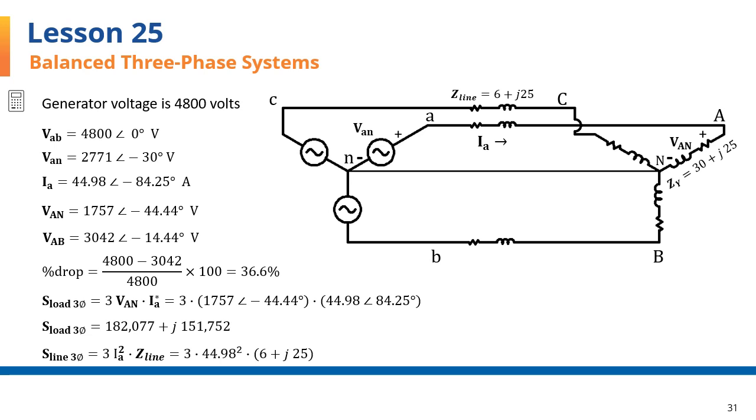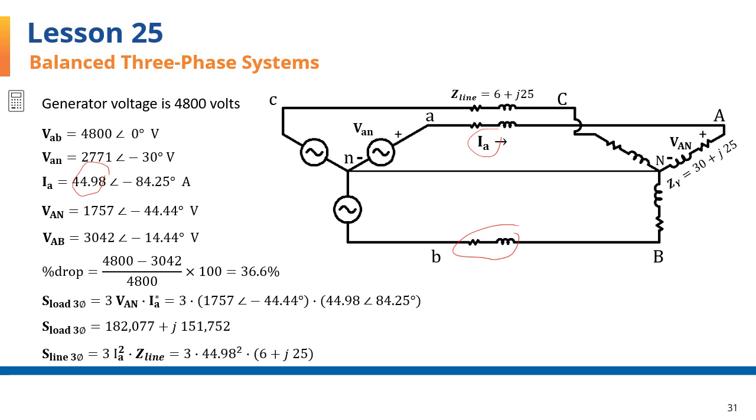And next we'll find the line power loss. Because we don't have the voltage across the line and we want to save a step, we can find it easily, but we have the current, let's say IA, and therefore we have the magnitude of the current, 44.98.